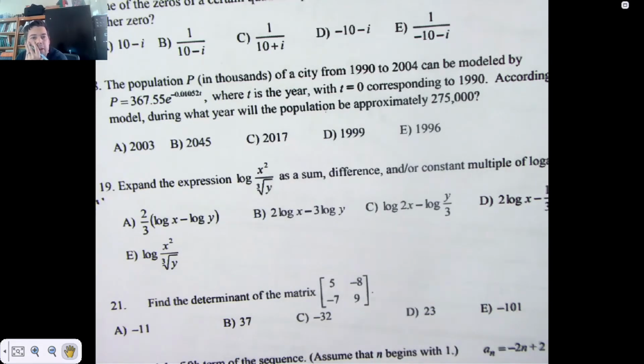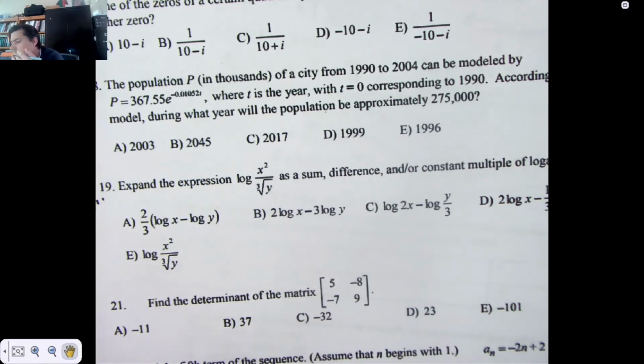Population P in thousands of a city from 1990 to 2004 can be modeled by the equation P equals 367.55 e to the negative 0.01052 t, where t is the year with t equals 0 corresponding to 1990. According to the model, during what year will the population be approximately 275,000? You're a little too young to even bother YouTubing logarithms because you don't know anything about them, so good luck teaching them to yourselves.